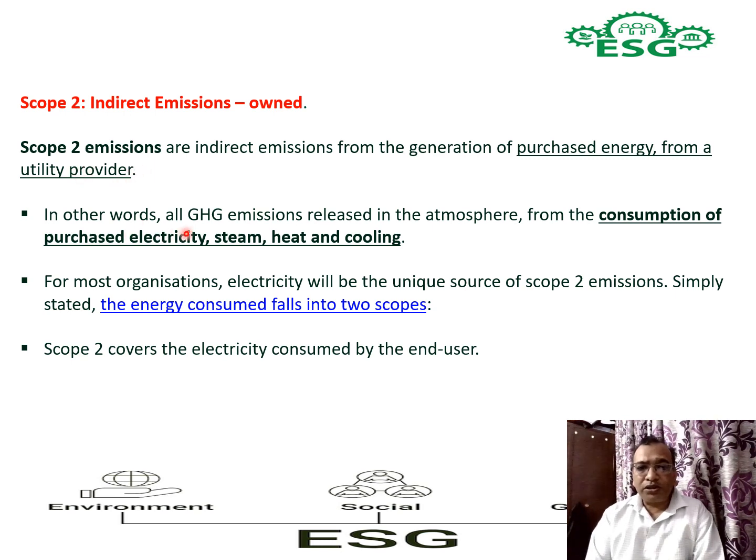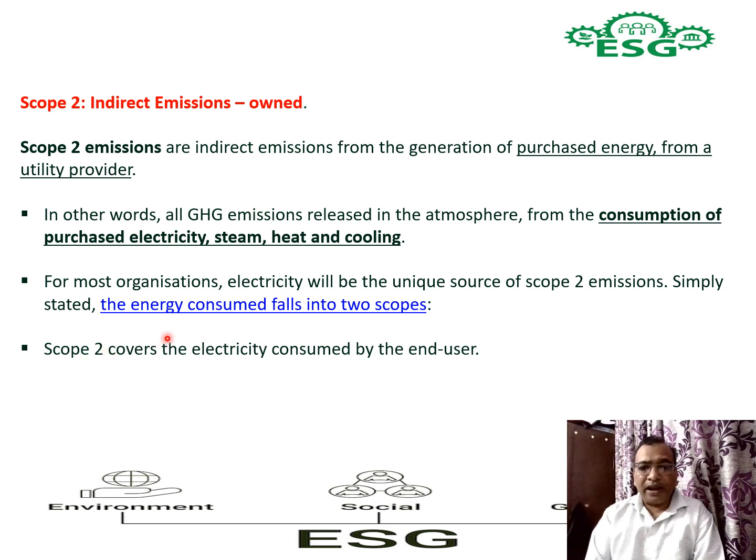In other words, all greenhouse gas emissions released into the atmosphere from the consumption of purchased electricity, steam, heat, or for heating and cooling are to be included in scope 2 emissions. For most organizations, electricity will be the unique source of scope 2 emissions.